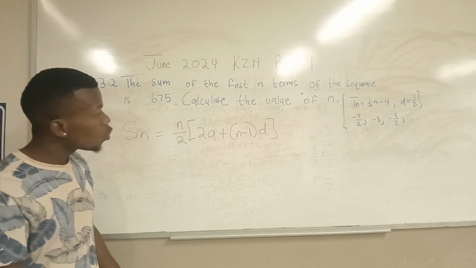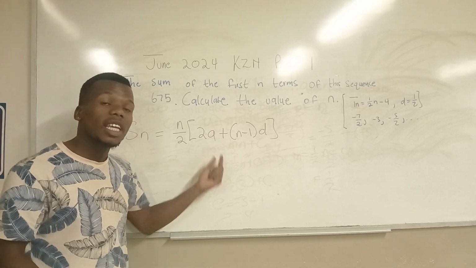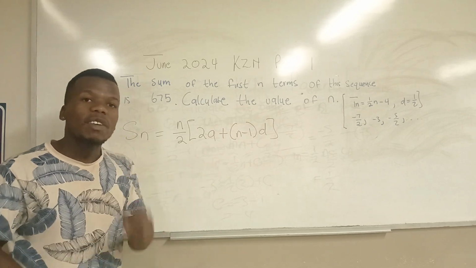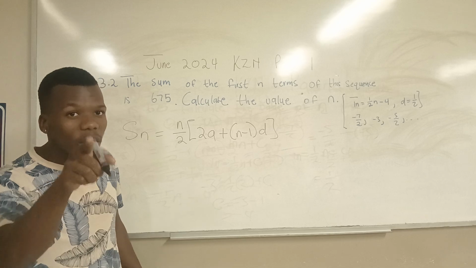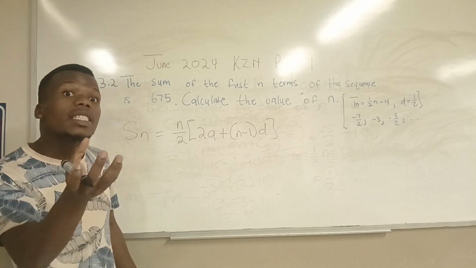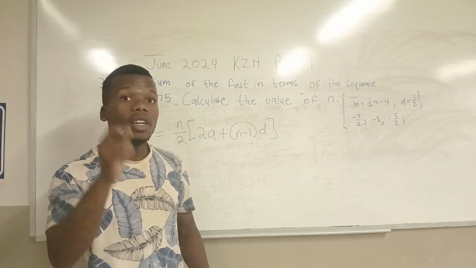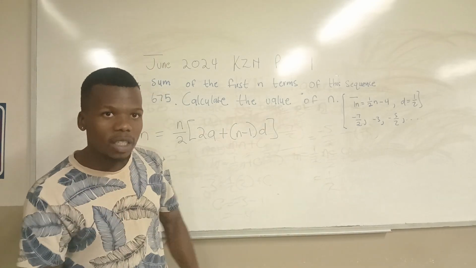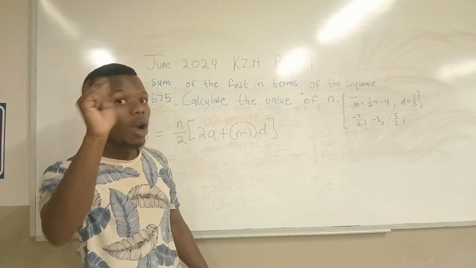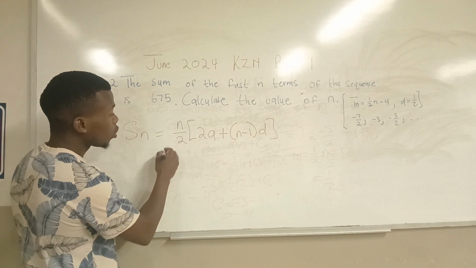Now let's substitute the value of a. What is the value of a? The value of a was the first term of the sequence, which was negative 7 over 2. Where I see a, I substitute negative 7 over 2.